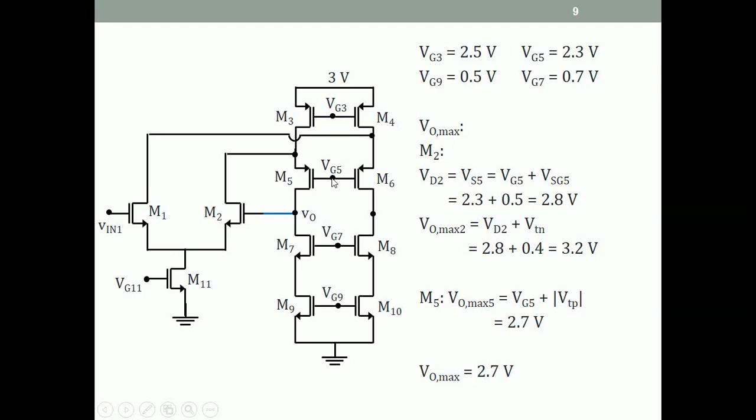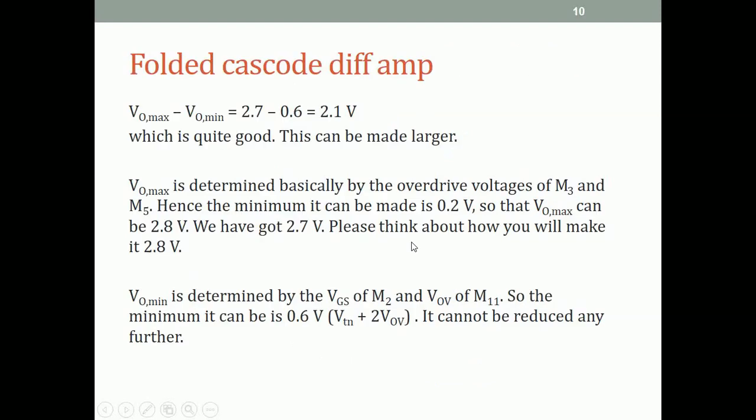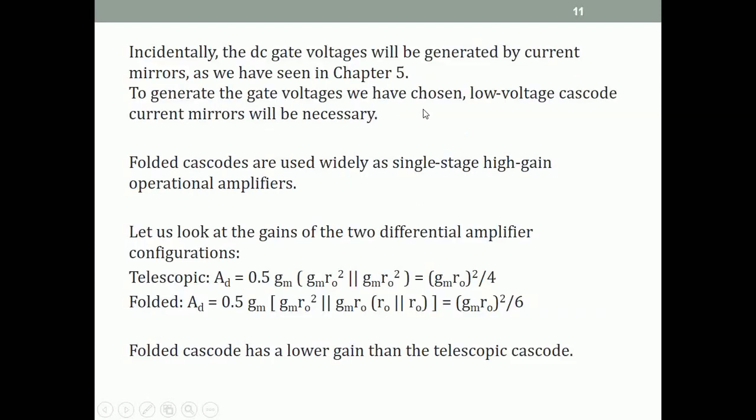So instead of fixed voltages, we put current mirrors. These 4 voltages would have to be generated by current mirror circuits designed to complete the design of the folded cascode amplifier. The voltage values that we have used, 2.3, 2.5 and 0.5, 0.7, would require that the mirrors we build be low voltage cascodes. The regular cascodes will not work. This is just a side comment to comprehensively think about the design of the folded cascode.